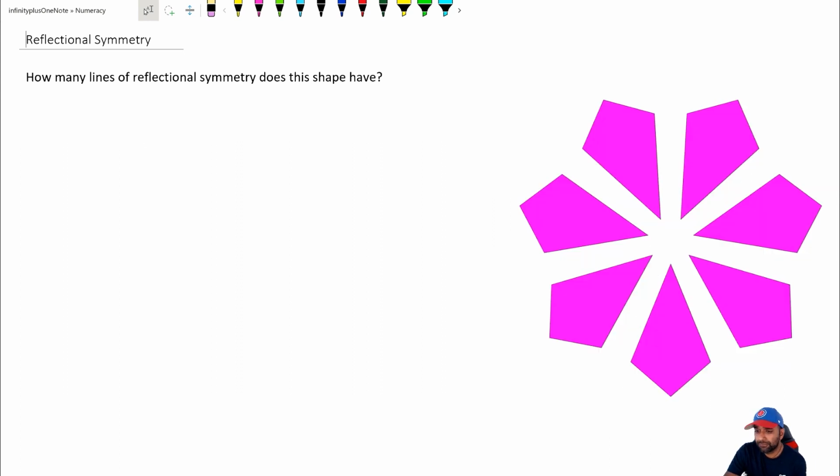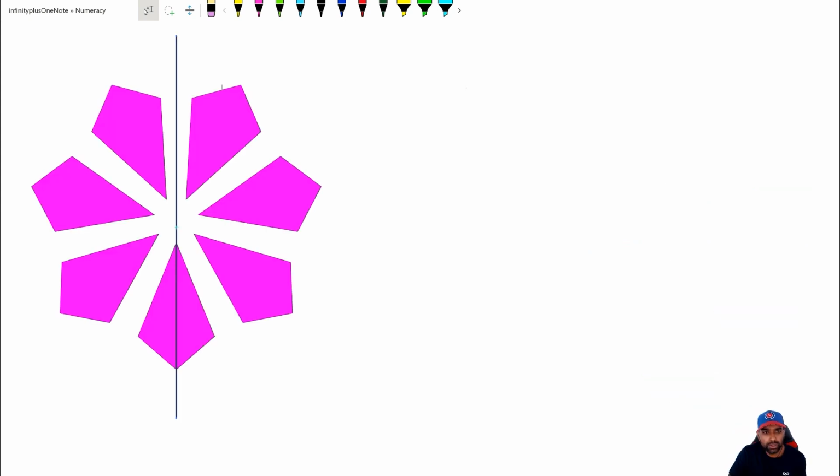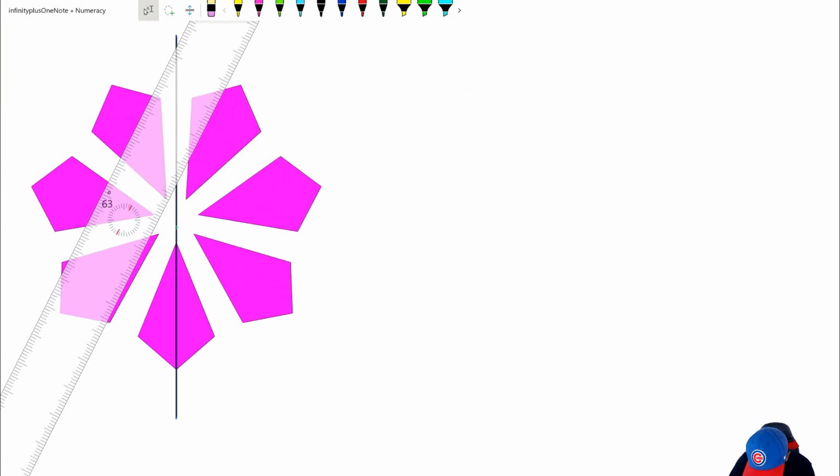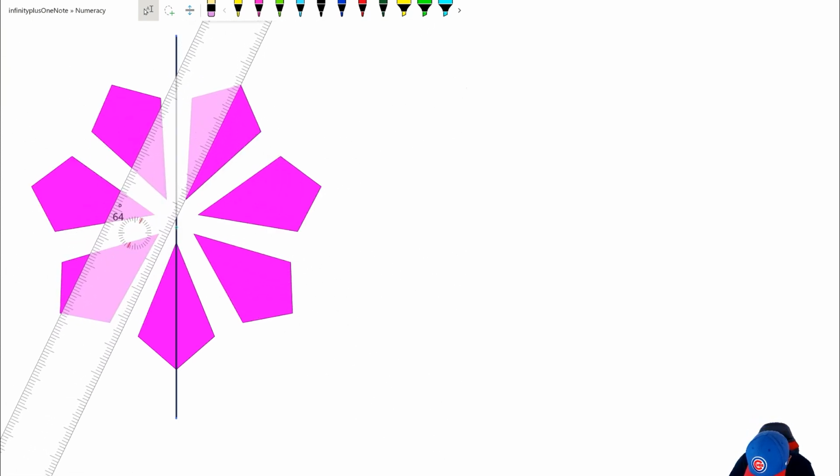And finally we've got this particular shape here, and we want to try and figure out what the lines of symmetry are. Now, as you can see, this is not a typical even-sided shape. You've actually got 7 of these pink diamonds here. So I will do the first line of symmetry. If we want to look at the number of lines of symmetry for this shape, basically we are going to join roughly these parts here.